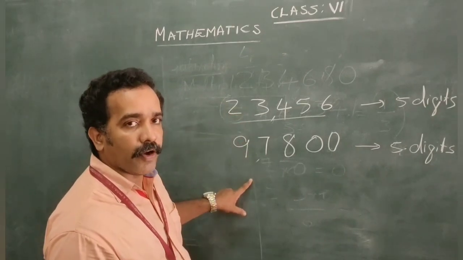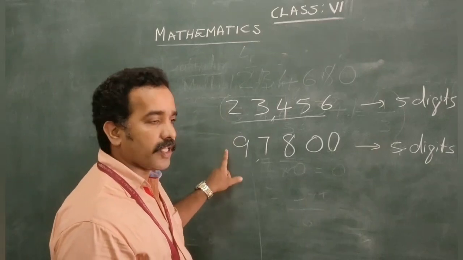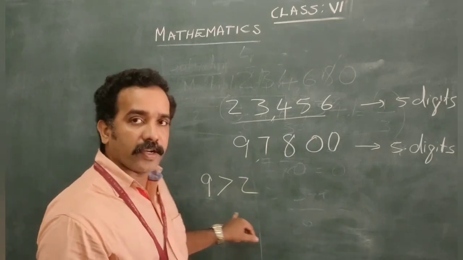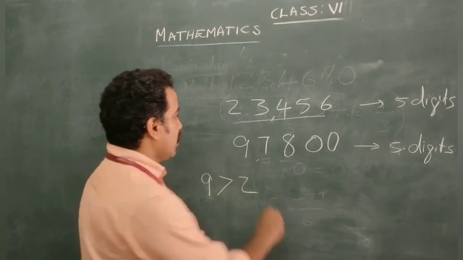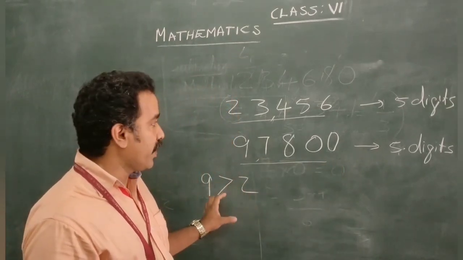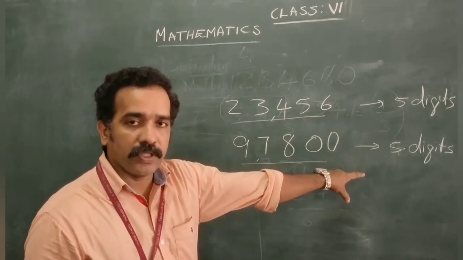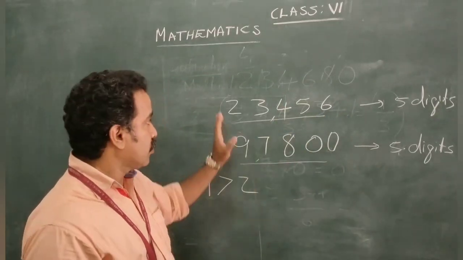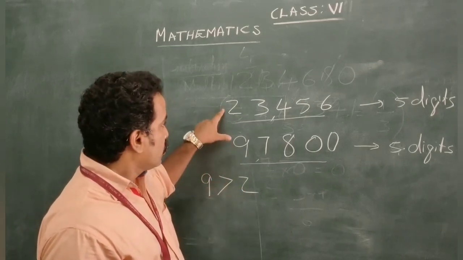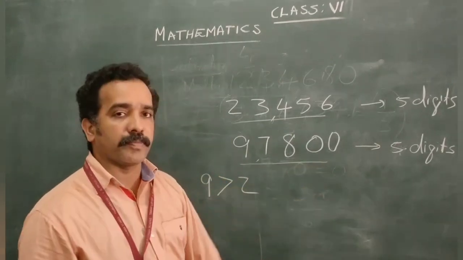Among these two 5-digit numbers, the leading digits are 2 and 9, and 9 is greater than 2, therefore the second number is big. So first we checked the number of digits. Now both numbers have 5 digits, so we check the highest place digit. 2 and 9, 9 is bigger than 2, so the second number is big.